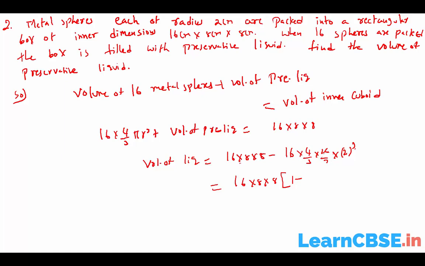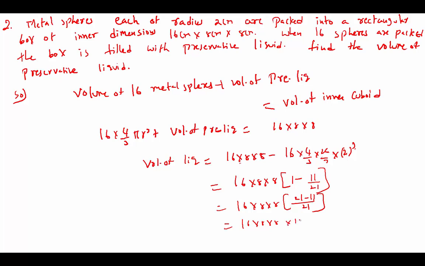You are left with 11 by 21. 16 into 8 into 8 into 21 minus 11 by 21, that is 16 into 8 into 8 into 10 by 21. On solving, you will get 448 centimeter cube.